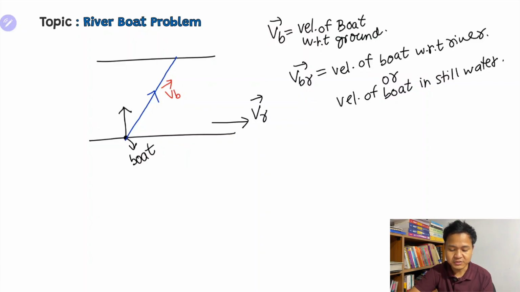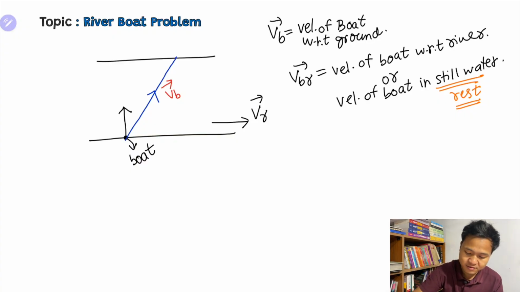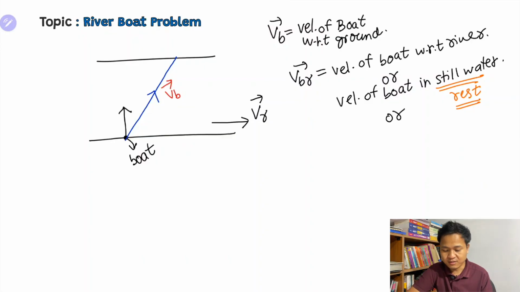Velocity of boat in still water means the velocity of boat with respect to the river. That is possible only when you sit on the river and observe the boat, only when the river is the frame of reference.